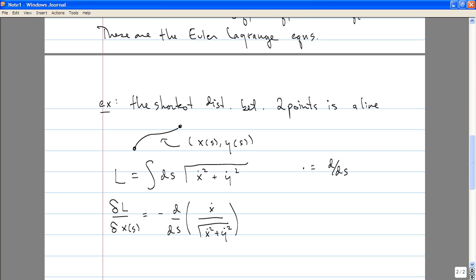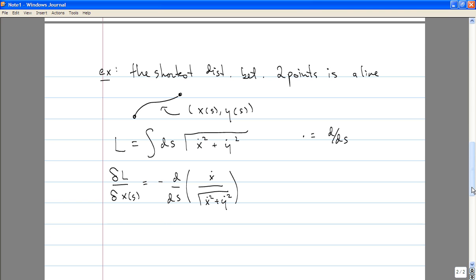If we write that out explicitly, let's forget about the overall minus sign. When we take the derivative with respect to s, we get 2 terms. There is x double dot over the square root of x dot squared plus y dot squared, taking the derivative of the numerator, and then we must take the derivative of the denominator.